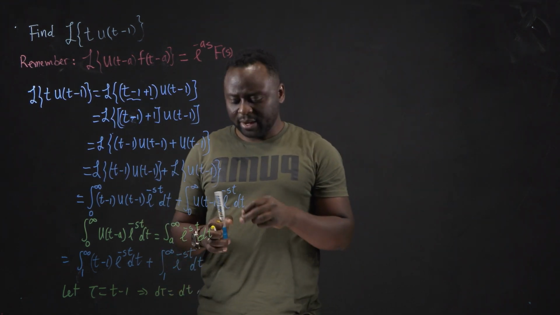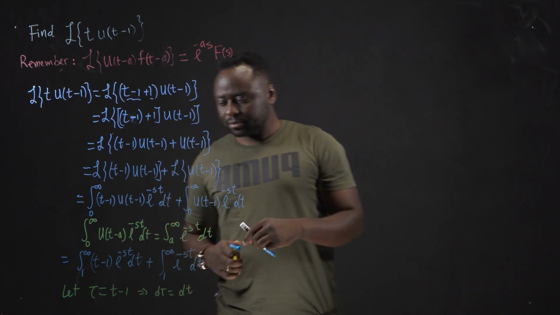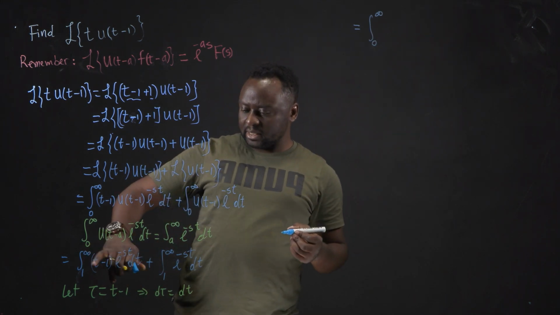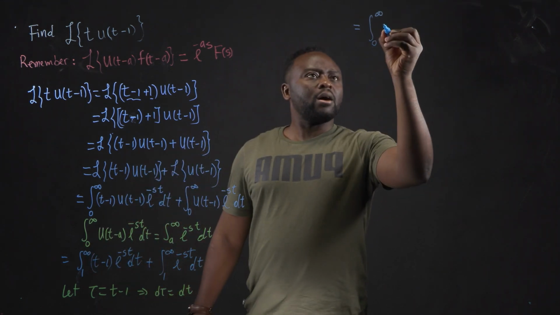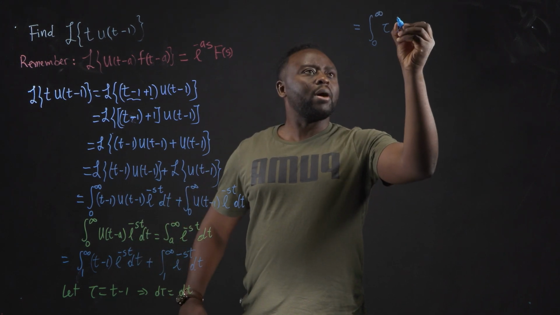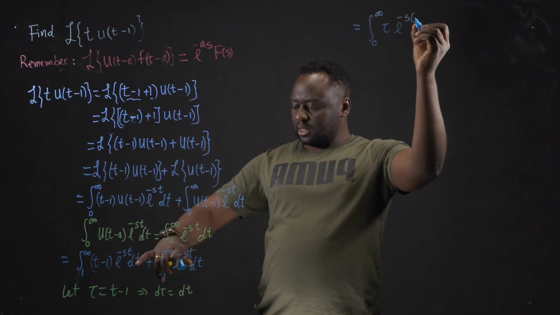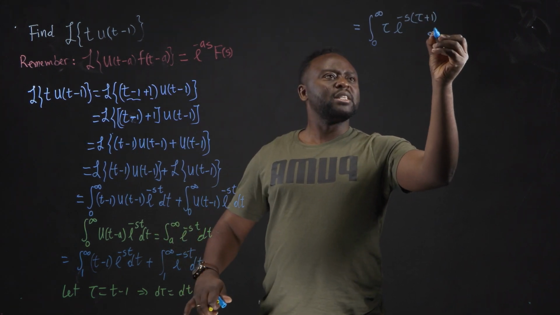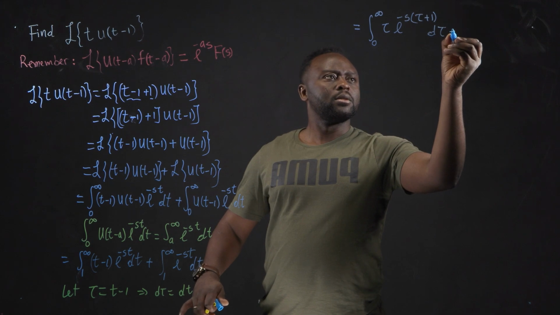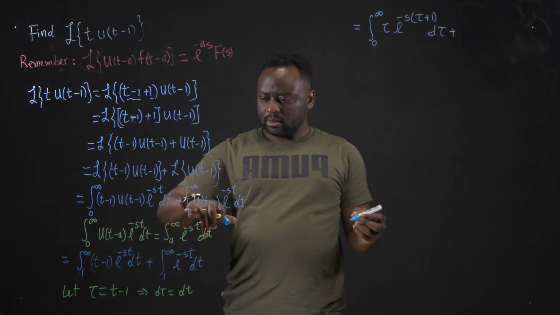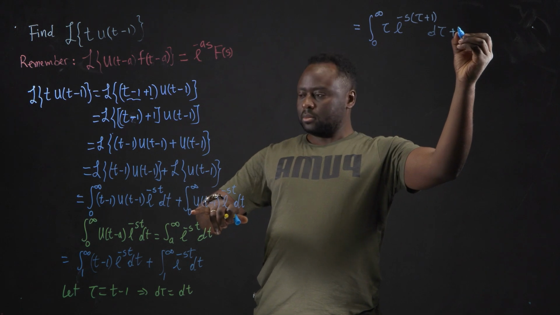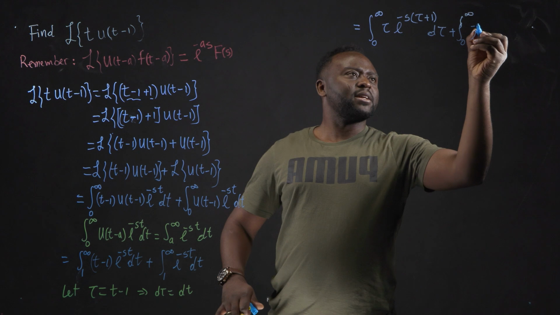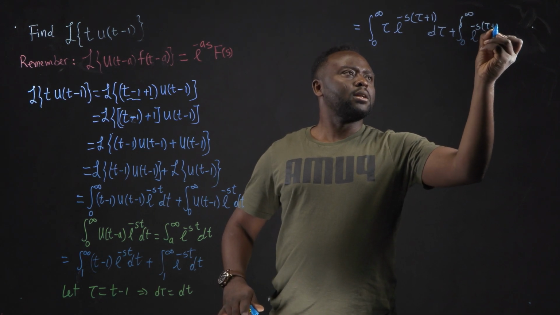If you make this change of variable, then this integral becomes the integral from 0 to infinity, because when t is infinity, tau is also infinity, of tau times e to the power minus s, where t is tau plus 1, d tau, plus the second part. The second part here is the integral from 0 to infinity of e to the power minus s times tau plus 1, d tau.